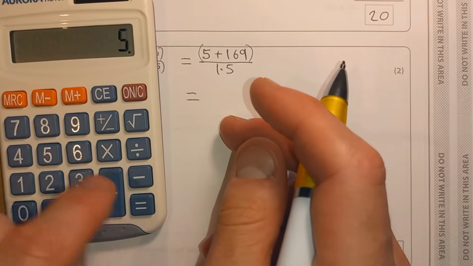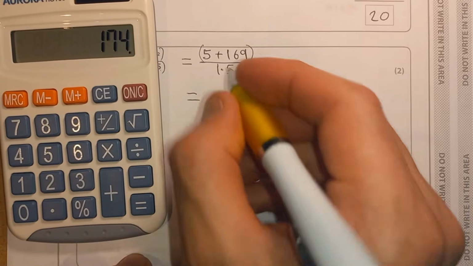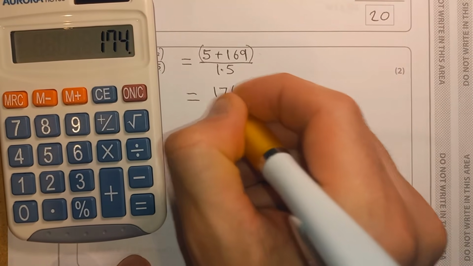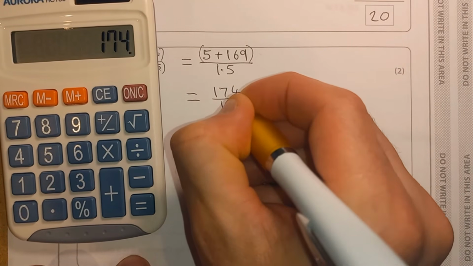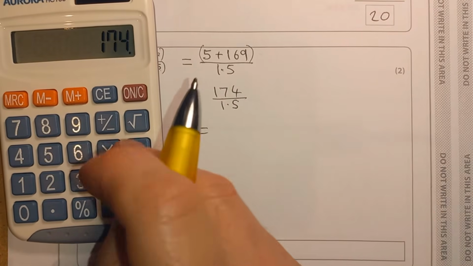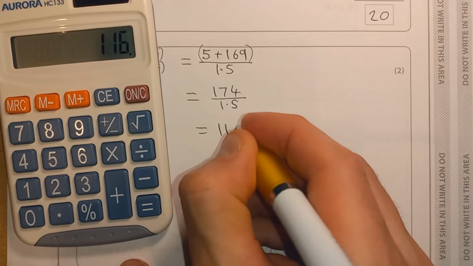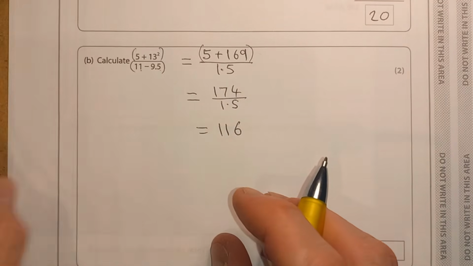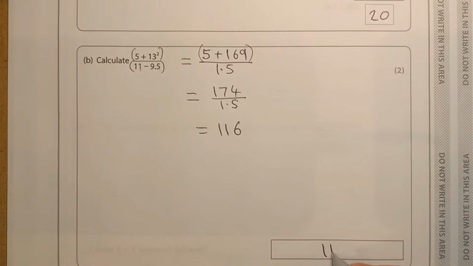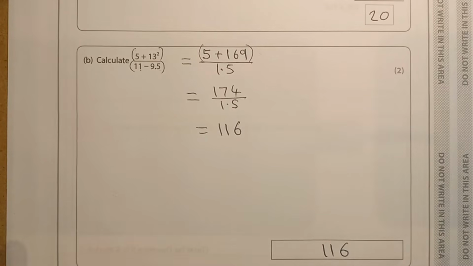So we can do our 5 plus 169 to give us 174, and that then needs to be divided by 1.5. And if we do that, we get an answer of 116, which we can put in our answer box down here.